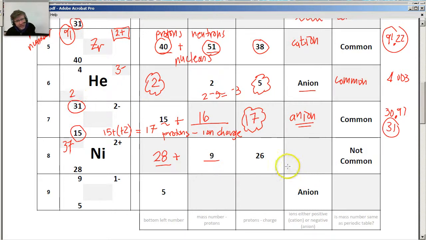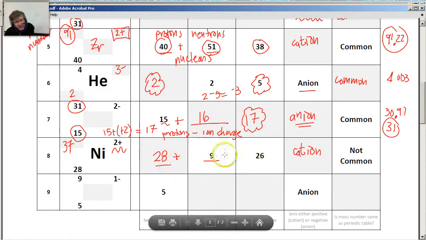We're very close. All right. We've got 2 plus here, which means this is a cation. It's a positive ion. It means it has more protons than electrons. How many? Well, 2. And we're done on that one.